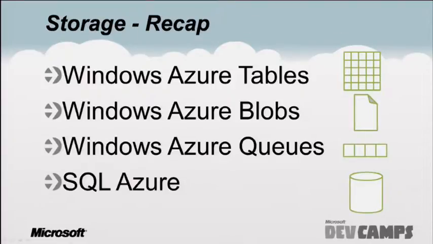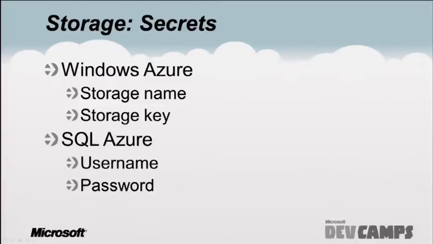We've already had the storage session in depth, so I just want to recap the storage options that we can leverage from our device application: table storage, blobs, queues, and SQL Azure. But there's one thing you need to be really careful about when leveraging storage from devices.